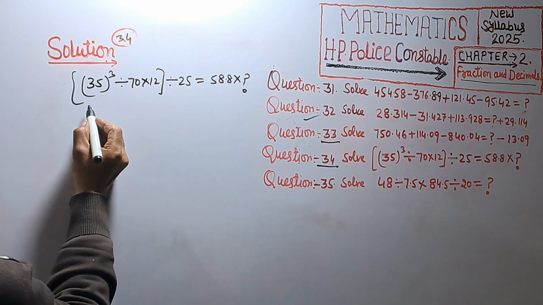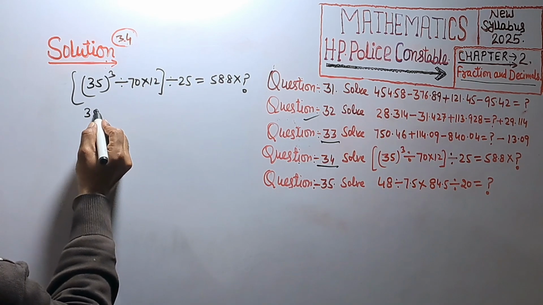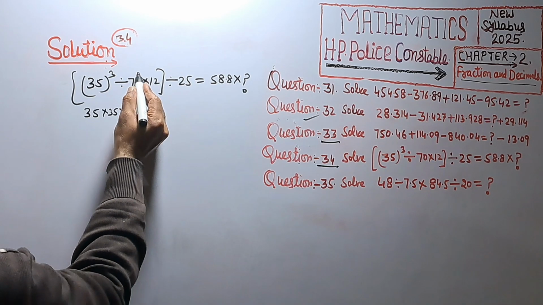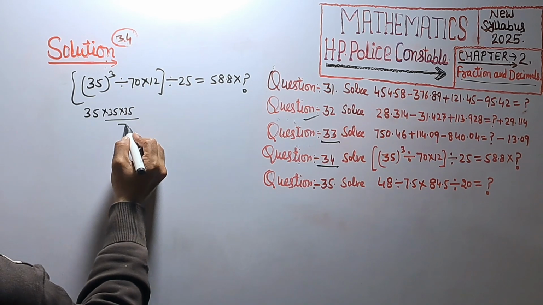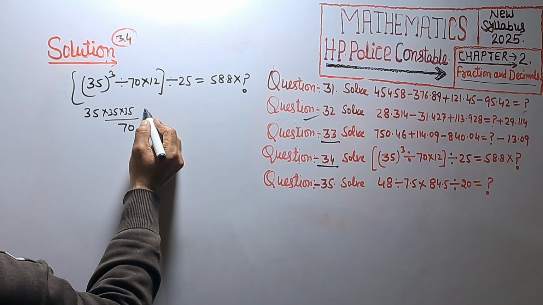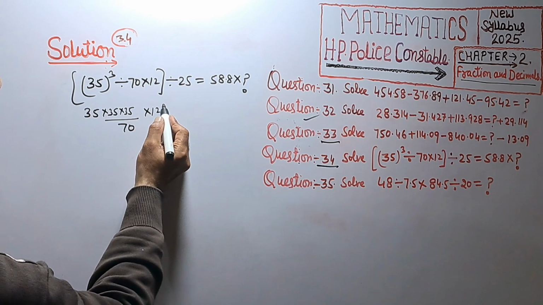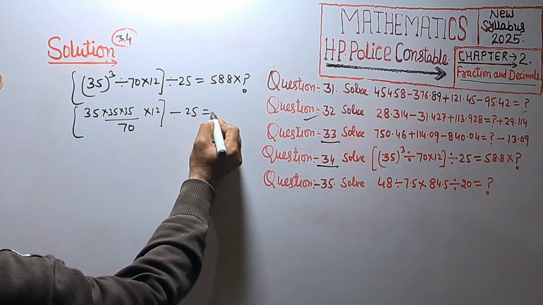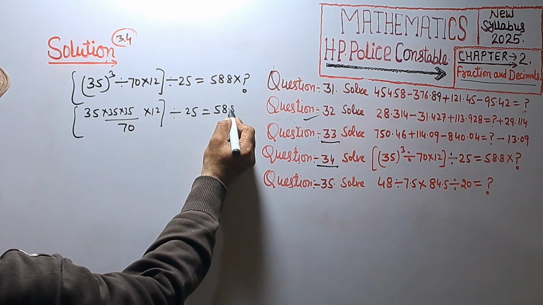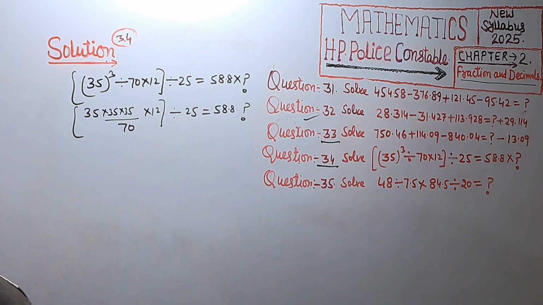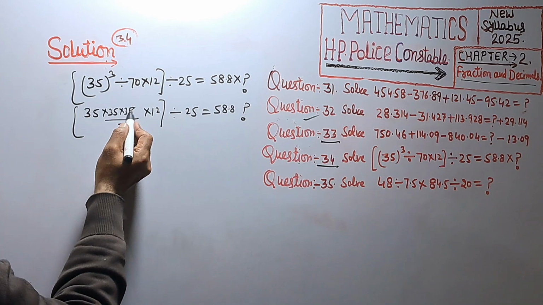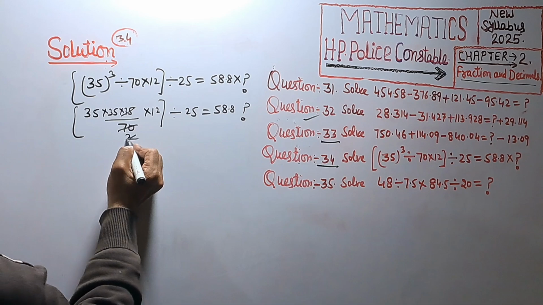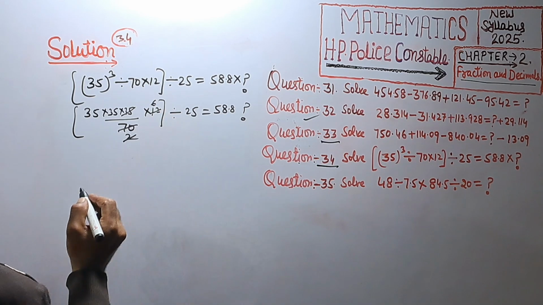First we are solving 35 into 35 into 35. We are solving divided by 70 into 12, divided by 25 equal to 58.8 into ?. 35 2s are 70 and 2 6s are 12.